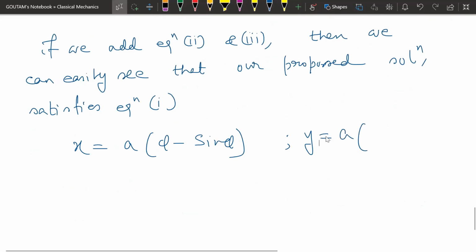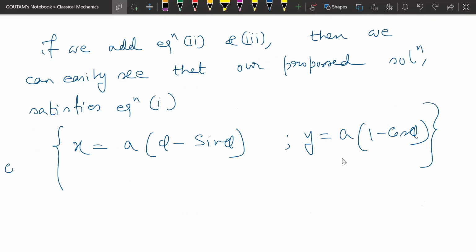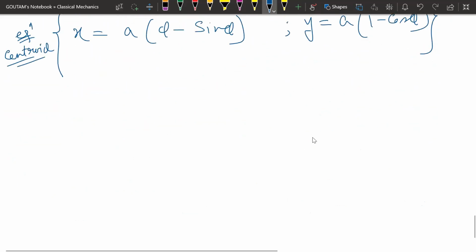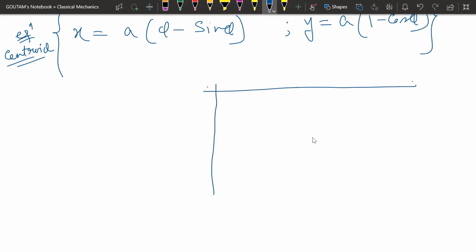So these two equations are called the equations of a cycloid. If we draw it, x versus y, this is x, this is y.